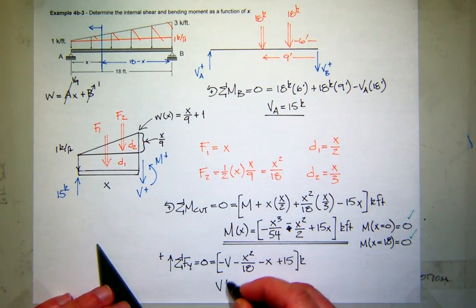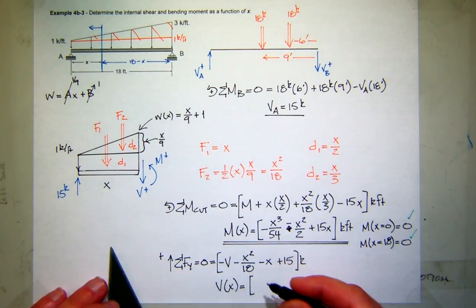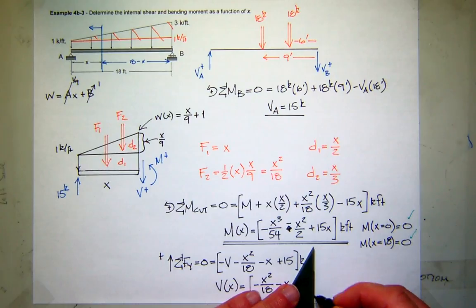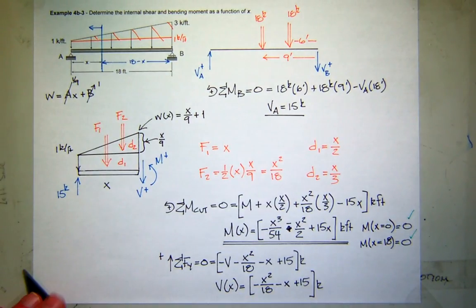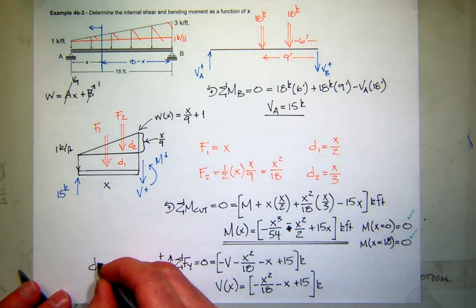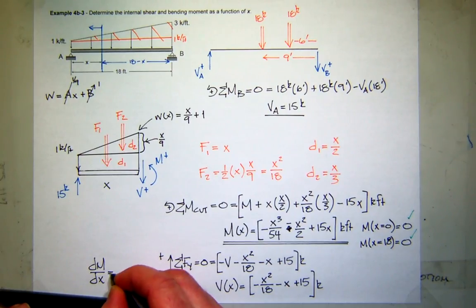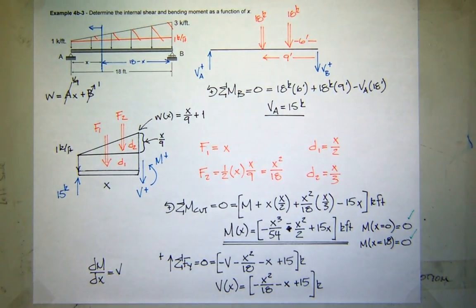So if I solve for the shear, it looks like I get minus x squared over 18 minus x plus 15. And that should be kips. Well, we have this relationship that we've kind of discovered, that the derivative of the moment should be the shear.